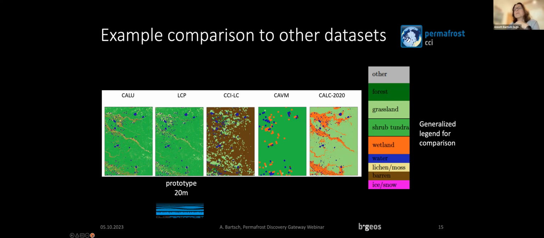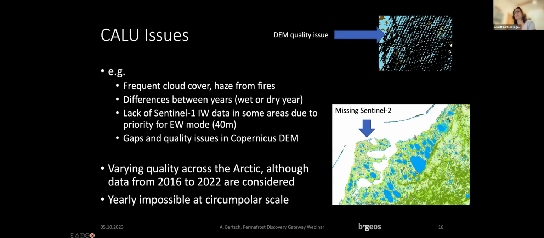And then there was also another data set produced from Sentinel-1 and Sentinel-2, which is called characterization 20, where the approach was chosen to include also a digital elevation model, and the digital elevation model is actually the main driver in the classification. So everything in the valley is becoming wetland, which is overestimating the wetland. So there are some issues in there.